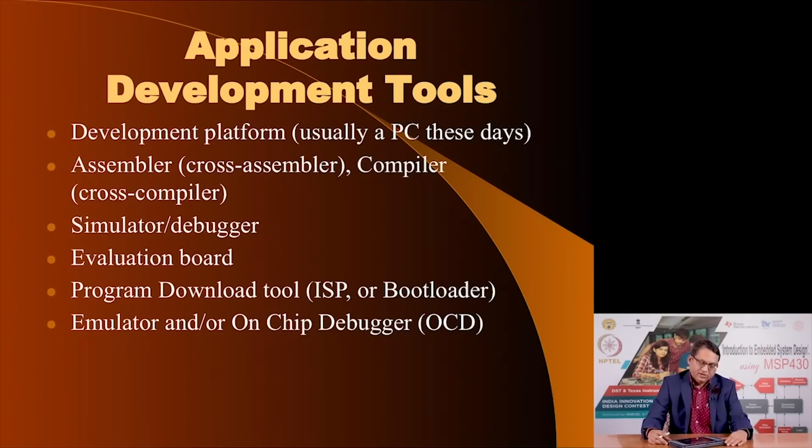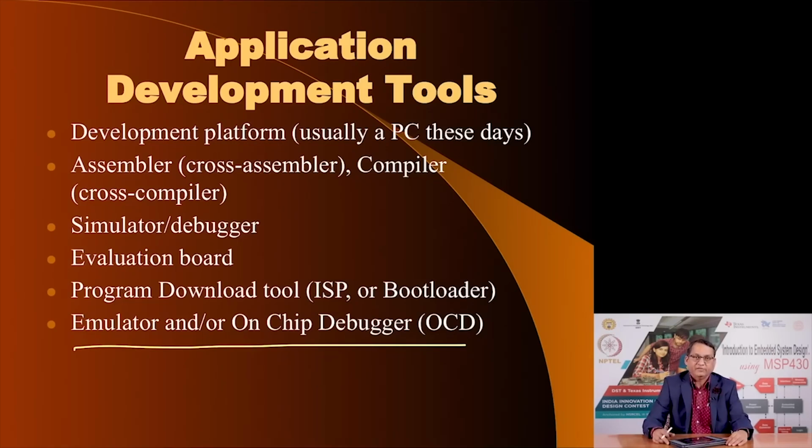You should also have an evaluation board so that you can test your small programs, and you should have a mechanism to download code from this platform into the memory of your target microcontroller. And oftentimes you may be required to emulate or debug your code, so you should have an on-chip debugger facility to access the on-chip debugger through the JTAG interface.